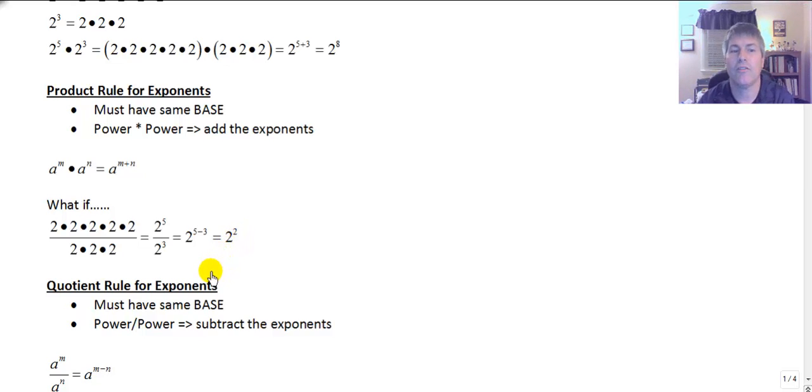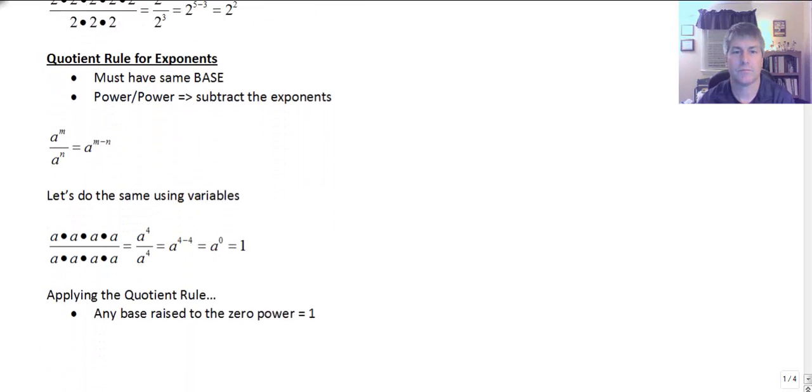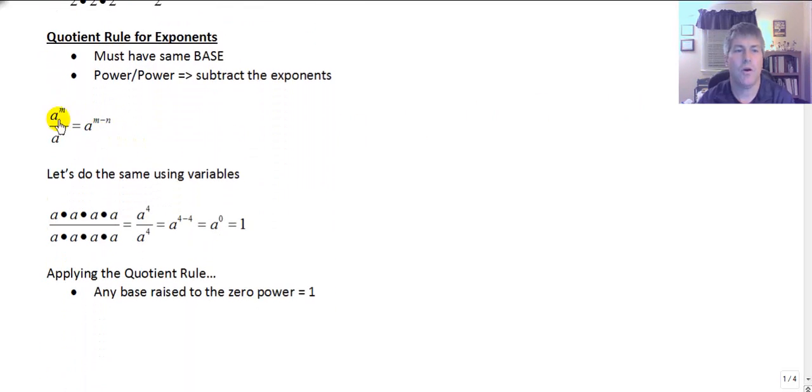That leads us to our second rule of exponents, or our quotient rule of exponents. And again, this one works only if we have the same base. So if we have a power divided by a power, we subtract the exponents. And in doing so, we have a to the m divided by a to the n. So we have different exponents on the same base a, which leads us to a to the m minus n.